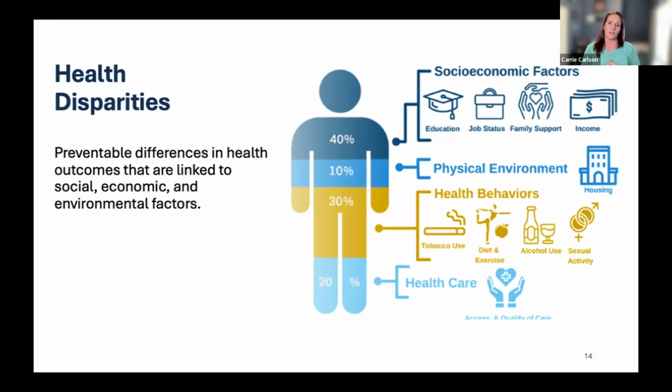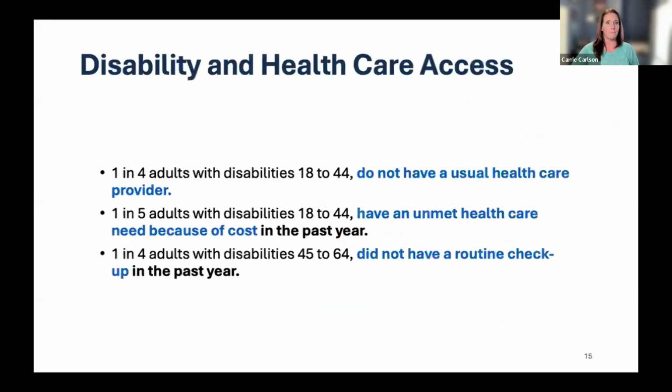And then health behaviors is underneath that. And that one gets really hard for me to see. Healthcare, which is underneath that. So those are the different health disparities and different things that can affect the health of someone, regardless of disability or whatnot.